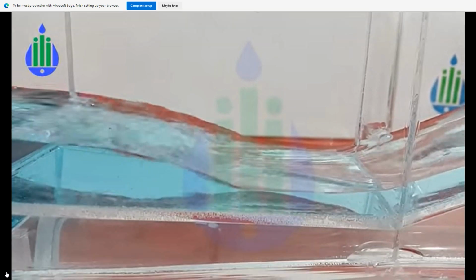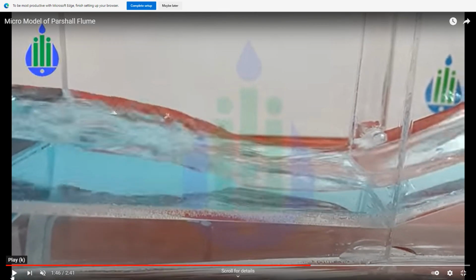Let me pause for a second here and talk us through. If you haven't taken 331 yet, you haven't heard about supercritical flow, but you can just think of it as the water is moving very fast. It has a relatively shallow depth, and then it goes through this transition called a hydraulic jump. Maybe you've seen a hydraulic jump in a river before.